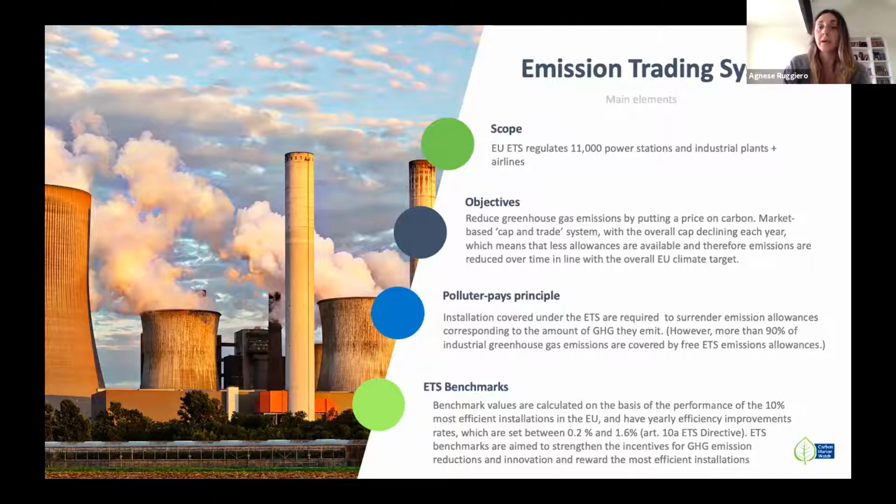So it's a market-based cap and trade system where the overall limit on greenhouse gas emissions is for the whole of Europe and for all of the installations covered. That cap declines each year, which means that fewer allowances are available, and therefore emissions are reduced over time in line with the European climate targets.